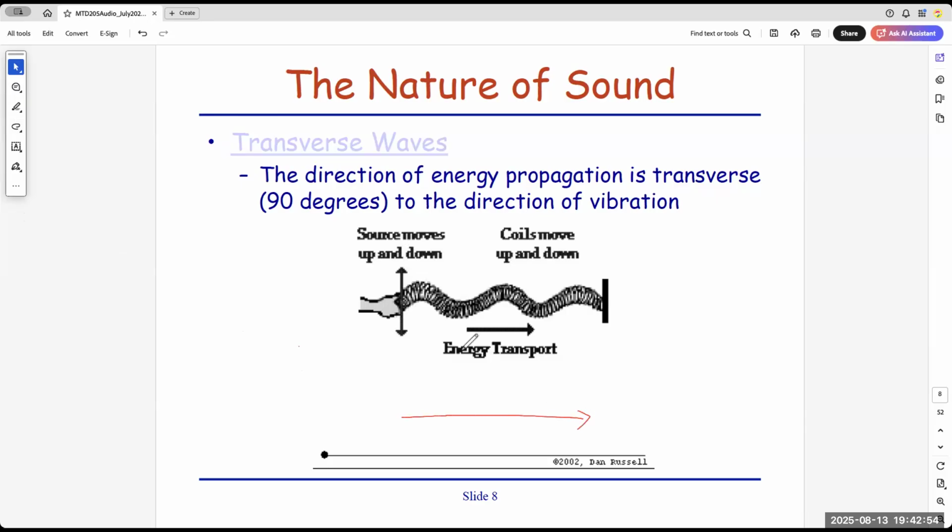When I say energy, it means that eventually at the end you can see some motion, because motion is a kind of energy. So this energy travels from left to right. But then the vibration in a transfer wave is up and down. So it is 90 degrees, perpendicular. So this is called transfer wave.